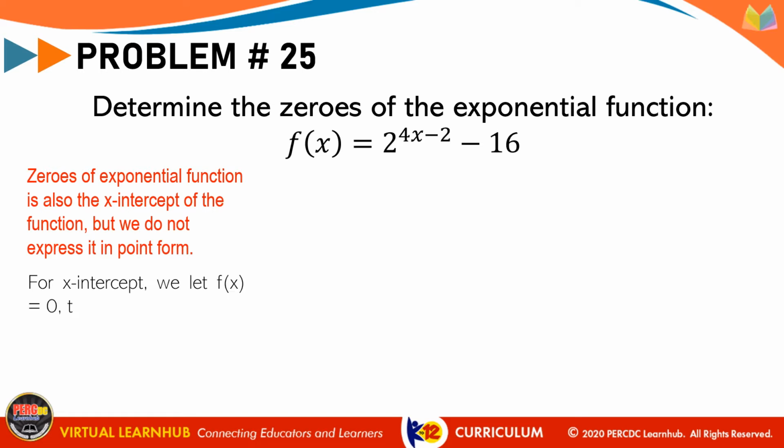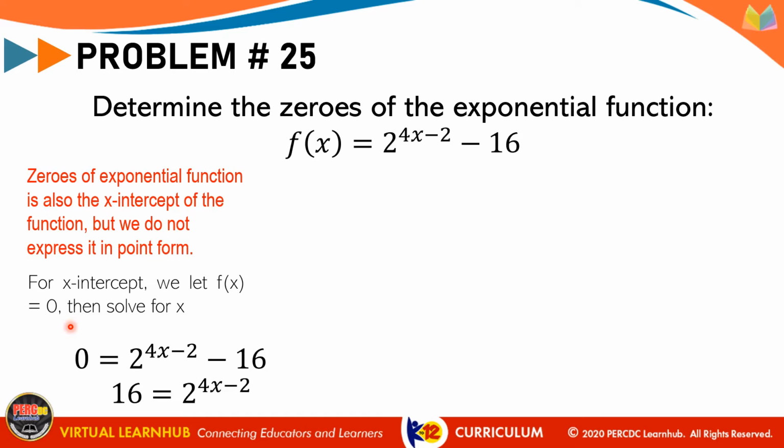So we let f of x be equal to 0 and then solve for x. We have 0 equals 2 raised to 4x minus 2, minus 16. By addition property of equality, we transpose negative 16 to the other side, making it positive 16, giving us 16 equals 2 raised to 4x minus 2.